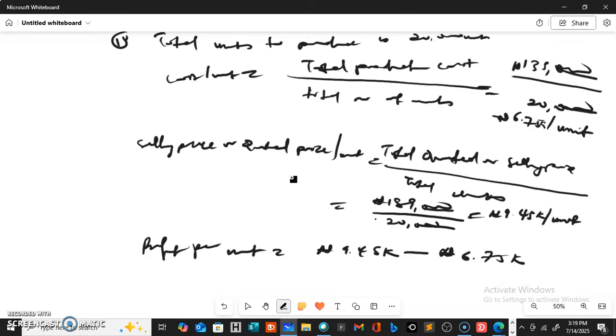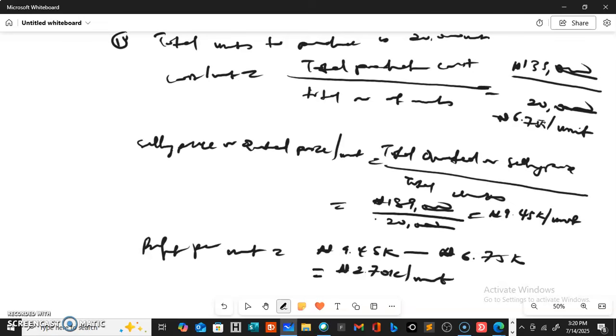Please take note. At the end of the day, we're going to be left with 2 naira 70 kobo per unit as the profit.